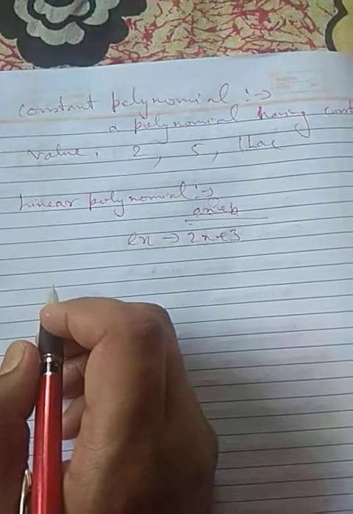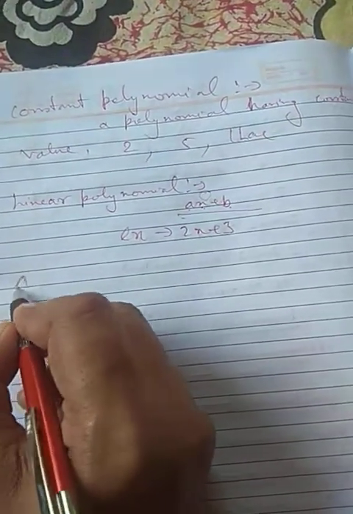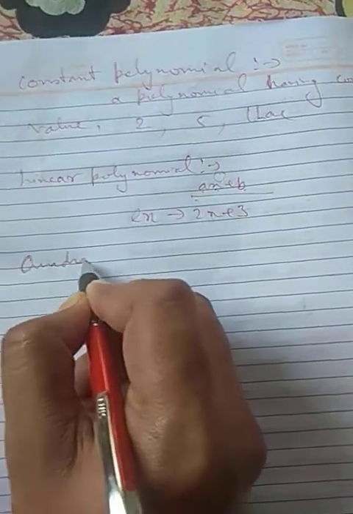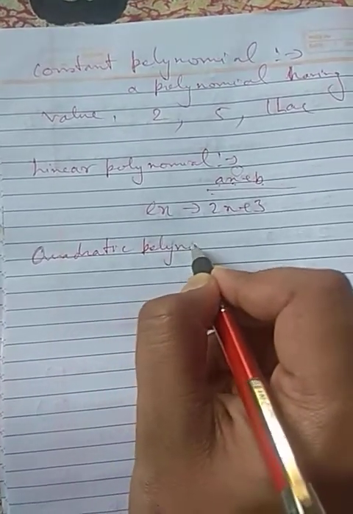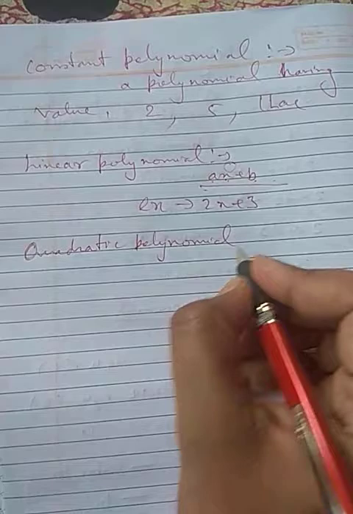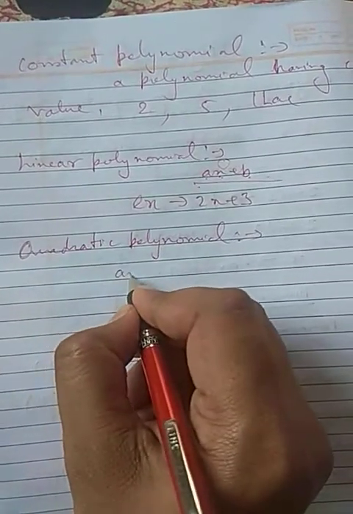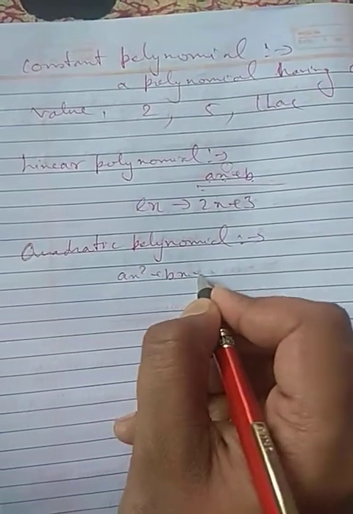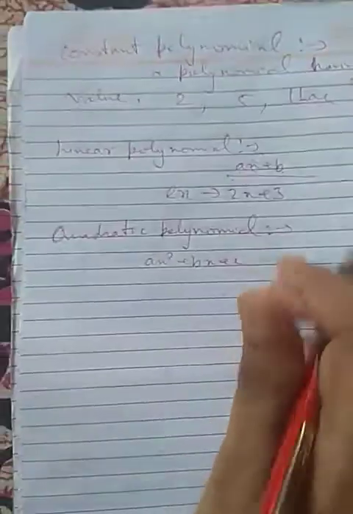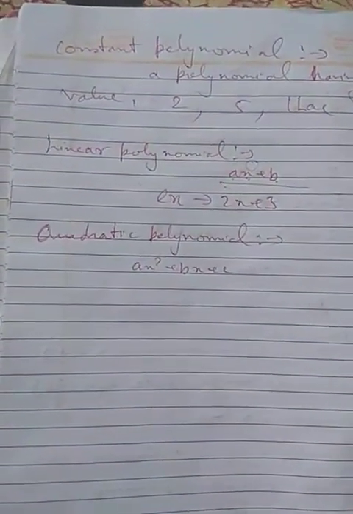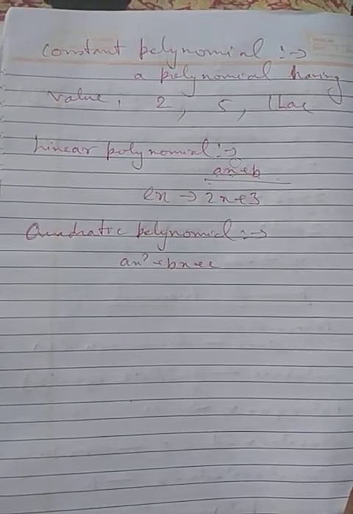Now comes the quadratic polynomial. ax square plus bx plus c is the general form of a quadratic polynomial.